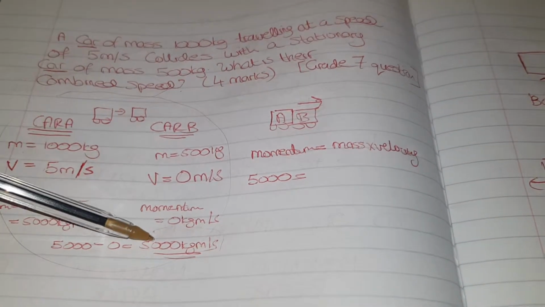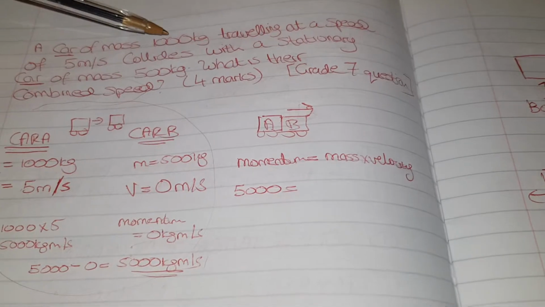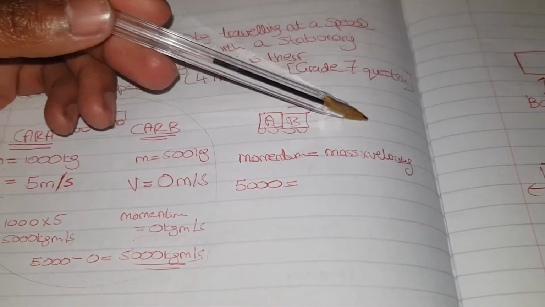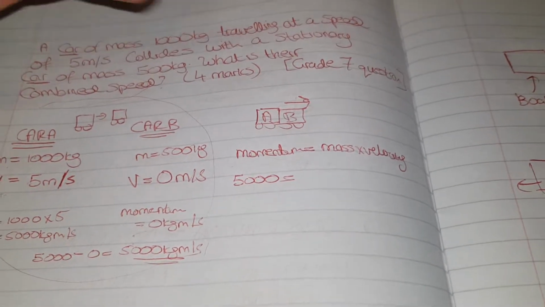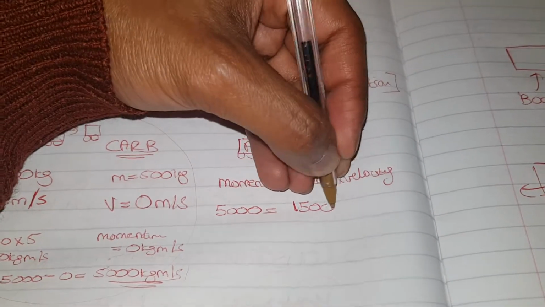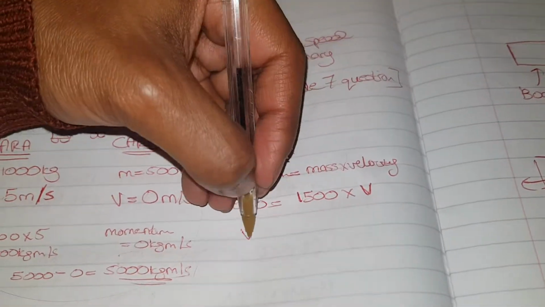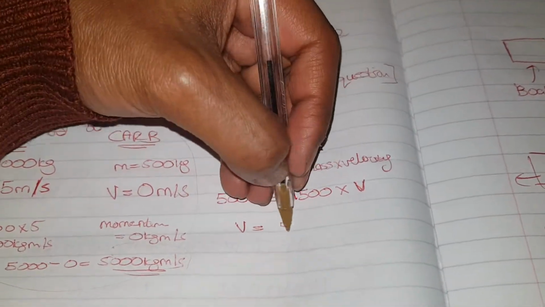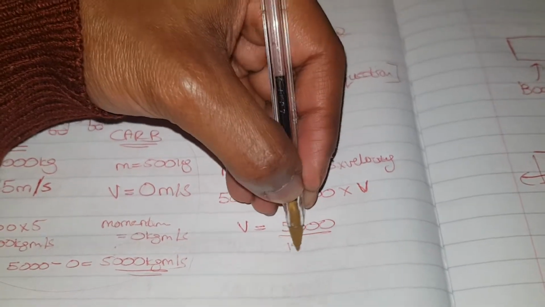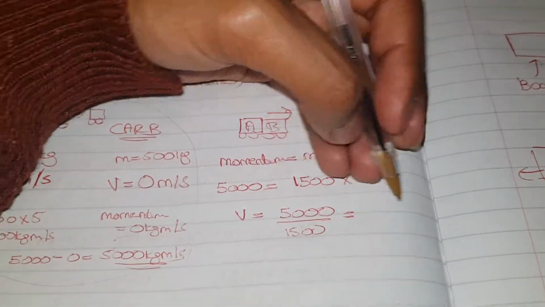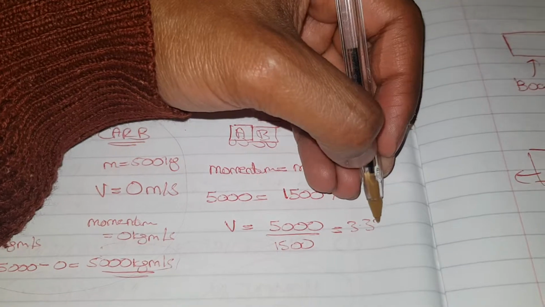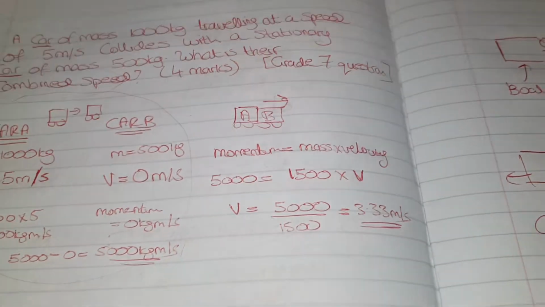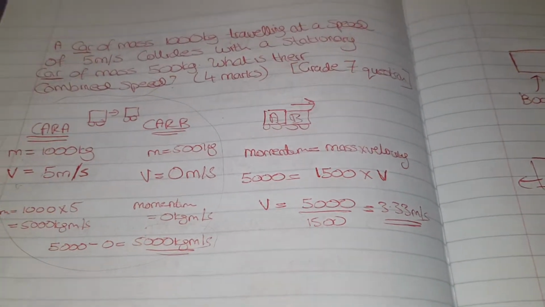Combined mass, you just add the mass of both cars because they're moving as one body together. So 1,000 plus 500 gives you 1,500. And you're looking for V, so V is this divided by that. You get a number, maybe 3.33, I'm just guessing. So that's how you solve this question.